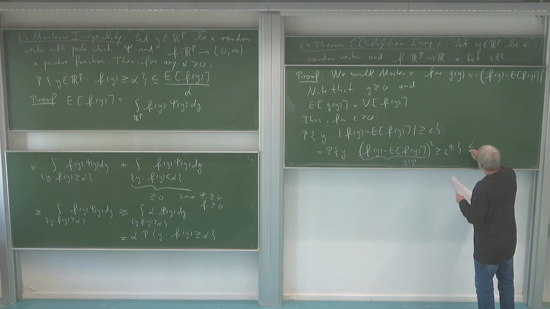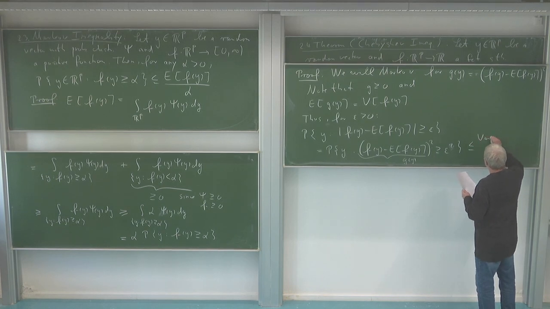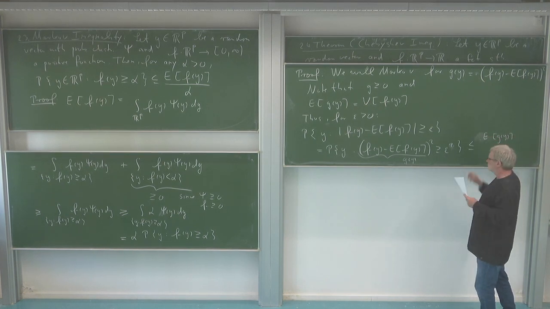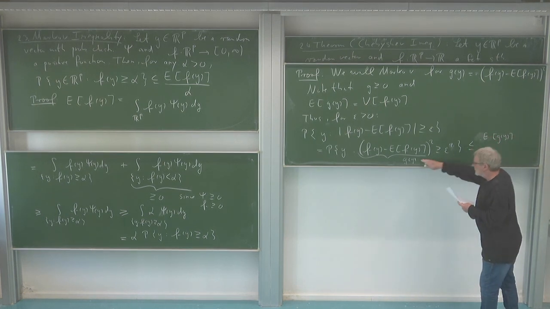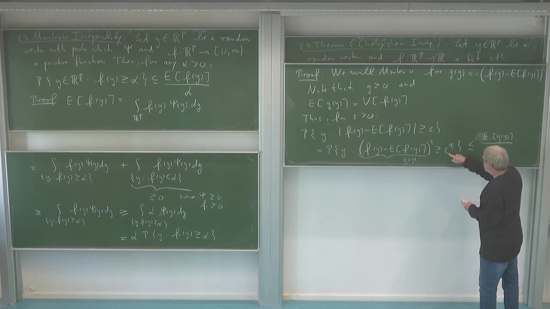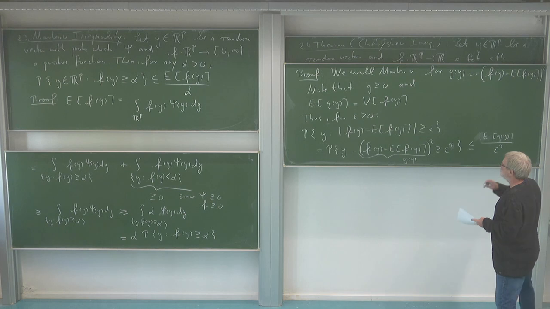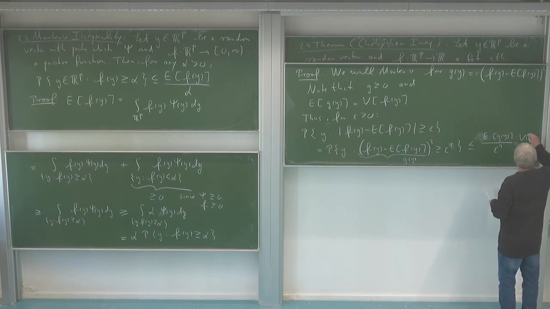So this is less than the expectation of this function here. Markov. So here I'm using Markov. I take the expectation of this and divide it by what I have here, which is epsilon squared, but the expectation of g is just the variance of f. The variance of f of y divided by epsilon squared.